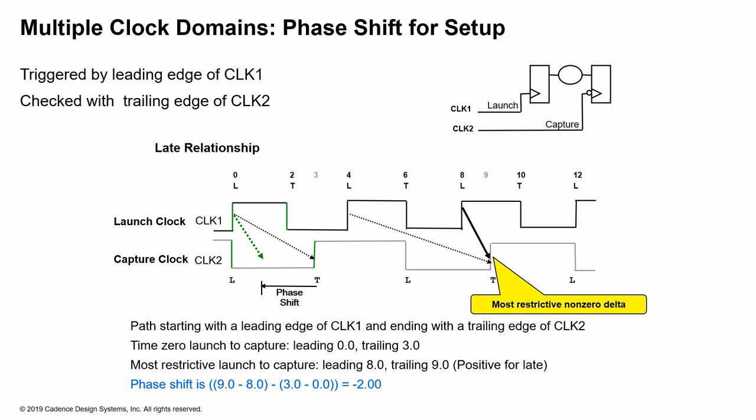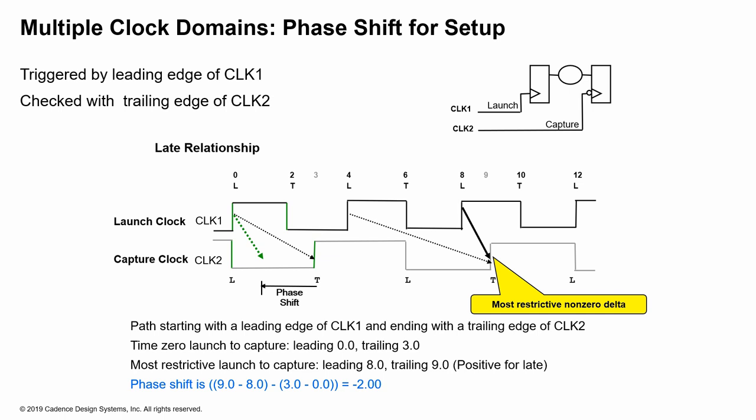Now we just figure out the launch and the capture based on ideal clocks. In the case of ideal clocks, the launch edge, which is the most restrictive, is 8, and the trailing edge is the most restrictive capture edge.